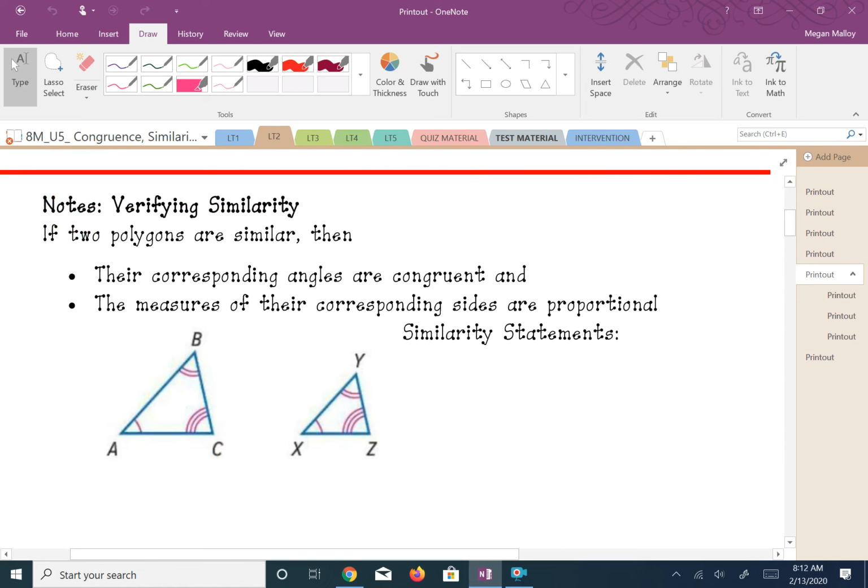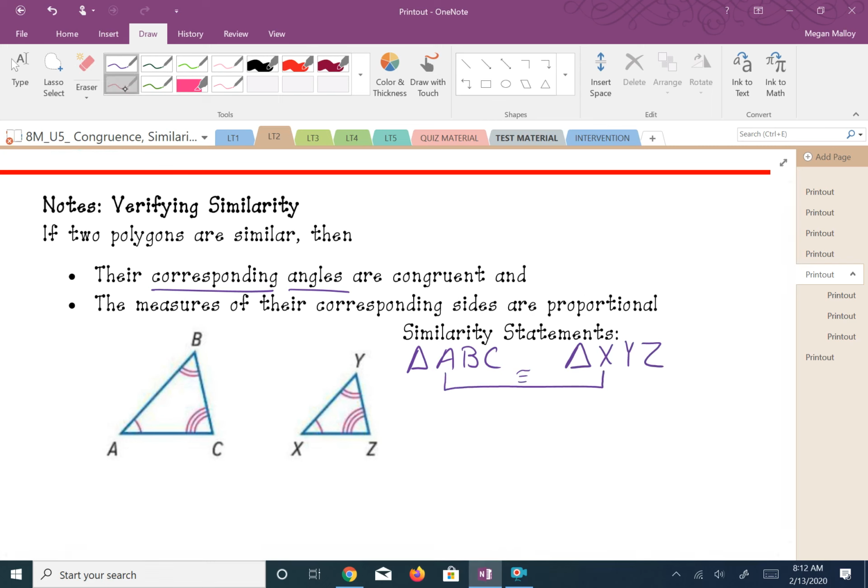So when we're saying corresponding angles, if we are looking at triangle ABC, and we are going to be verifying if it is similar to triangle XYZ, that means that angle A has to be congruent to angle X, angle B has to be congruent to angle Y, and angle C has to be congruent to angle Z.